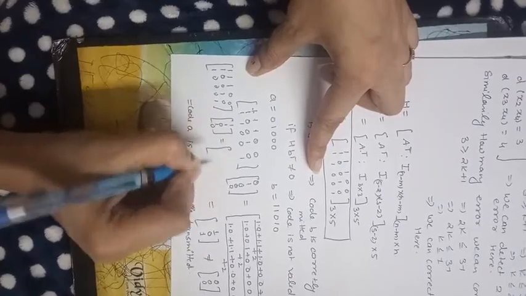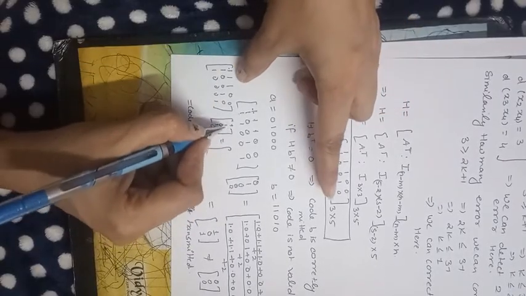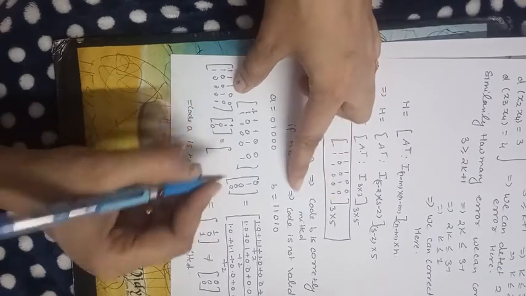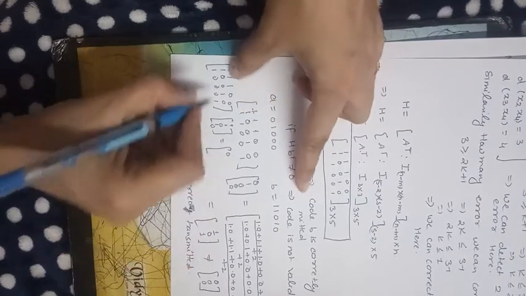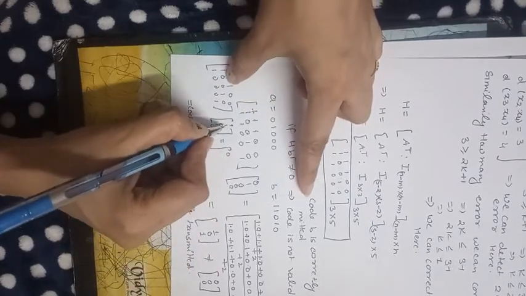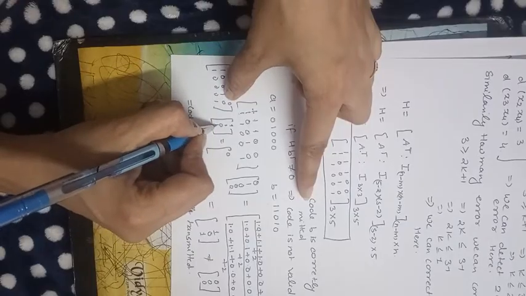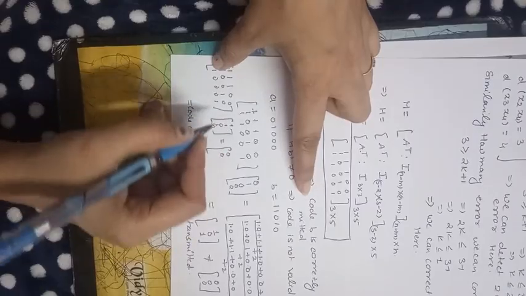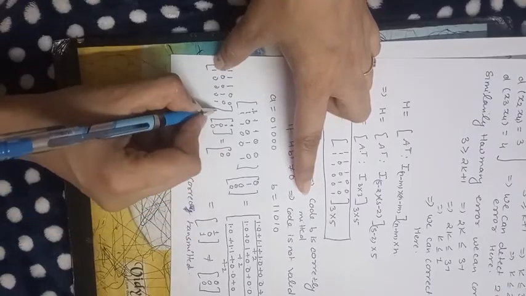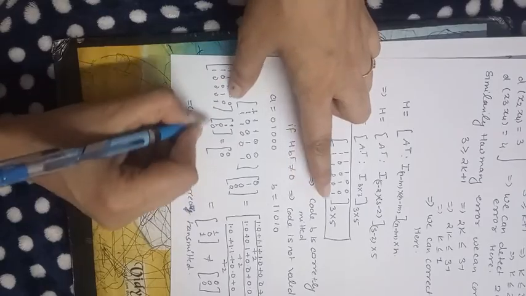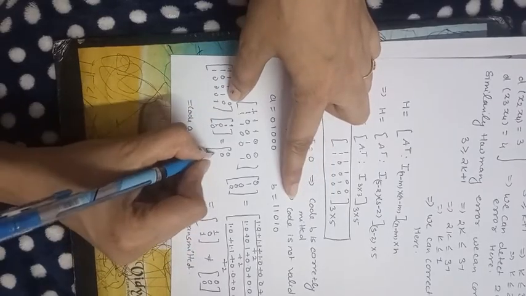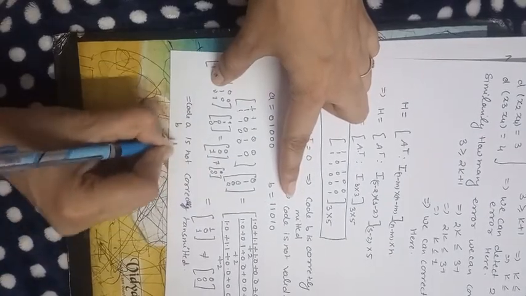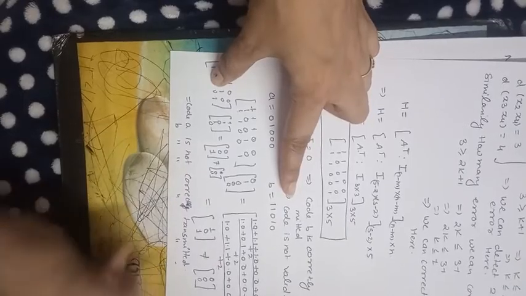What will you get? 1 into 1 plus 1 into 1, that is 2, and again all 0, that means 2 divided by 2, remainder is 0 here. 1 into 1 is 1, and next 1 into 1 is again 2, divide by 2, remainder is equals to 0, and last place 1 into 1 is 1, and all is 1 here. The fourth one is 0, that means remainder is equals to 1. This is also not equals to 0, that means code B is not correctly transmitted. Okay.